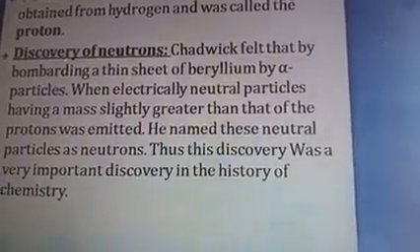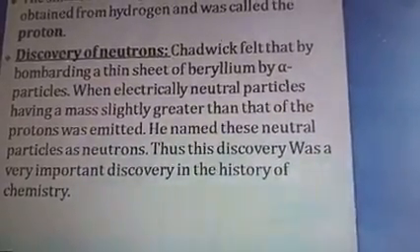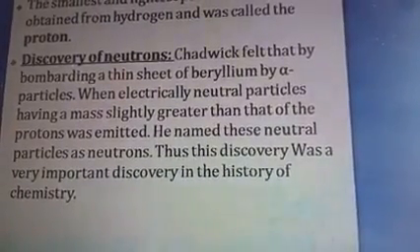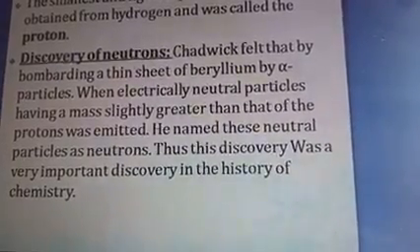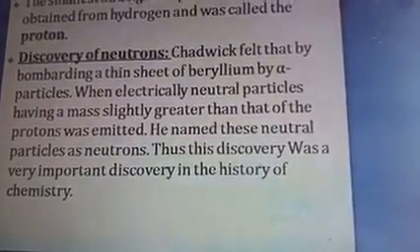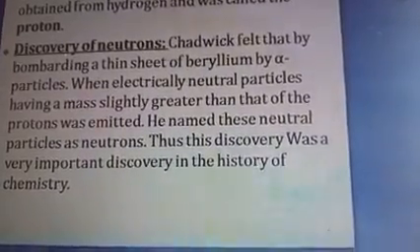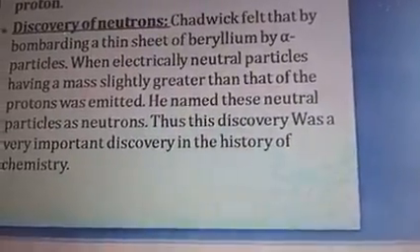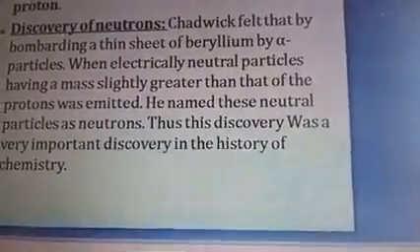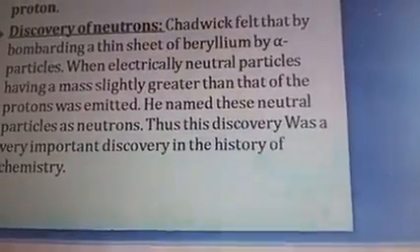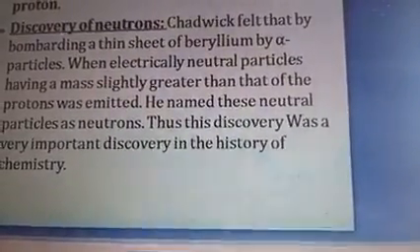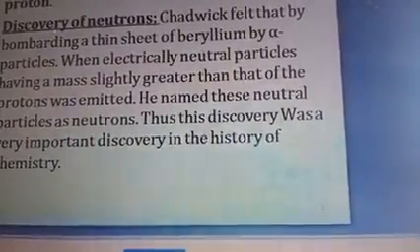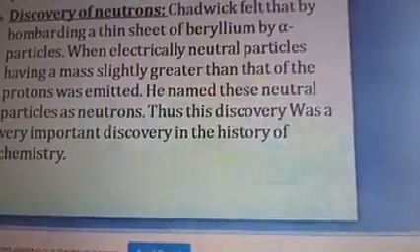Chadwick felt that by bombarding a thin sheet of beryllium with alpha particles, that means you take a thin sheet of beryllium and the alpha particles hit this beryllium plate, then electrically neutral particles having a mass slightly greater than that of the proton are emitted. Chadwick got these electrically neutral particles, with mass slightly greater than the proton, and he gave them the name neutrons.